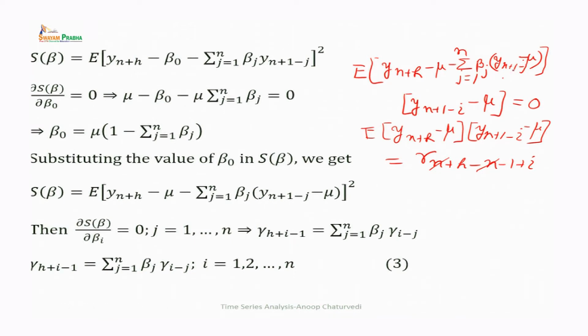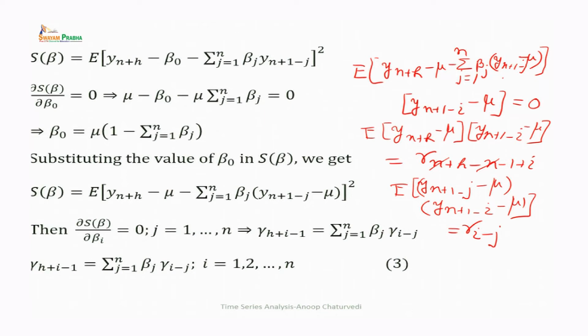And what you get here, when you multiply y n plus 1 minus j minus mu by y n plus 1 minus i minus mu, and then you take expectation, you get gamma n plus 1 minus j minus n minus 1 plus i. So, you get i minus j.